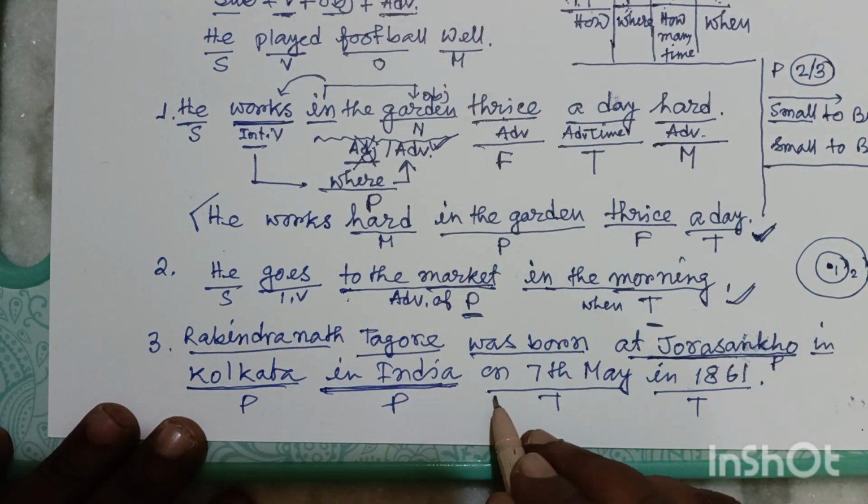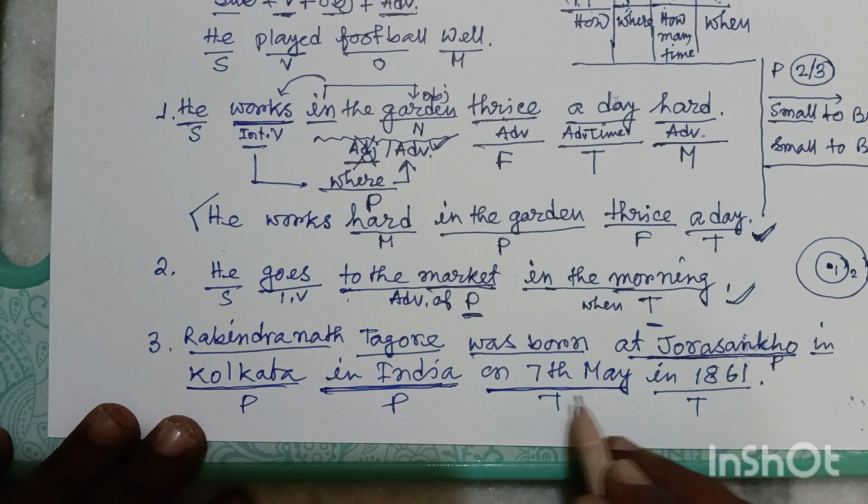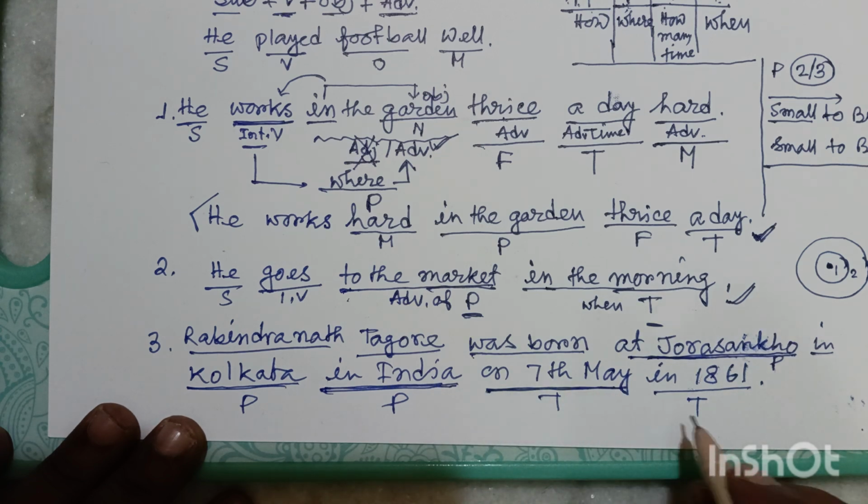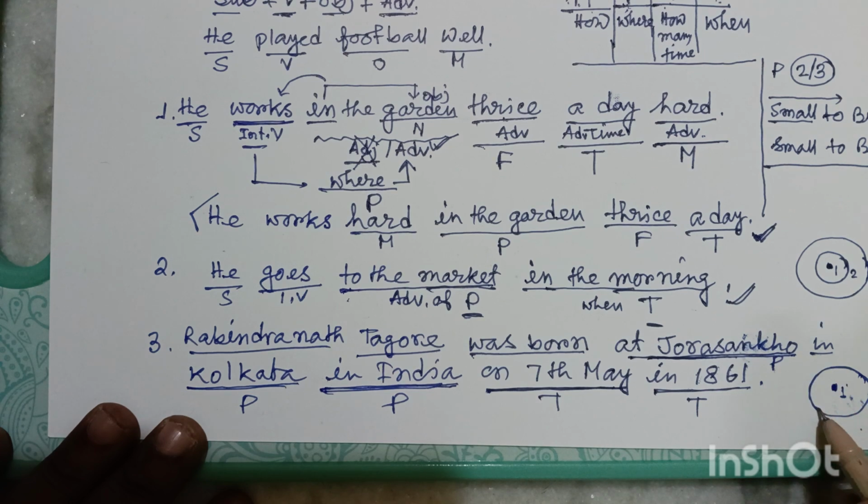In case of date, you can see on 7th May. This is the smaller unit. It's just a point. And in 1861, that's a year. That means year is number 2, date number 1. So the date is smaller, only 1 day, and this is 365 days. That means it is bigger.